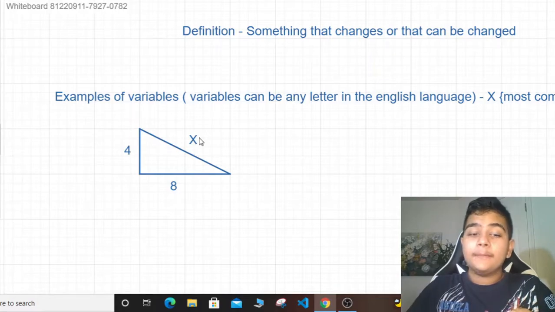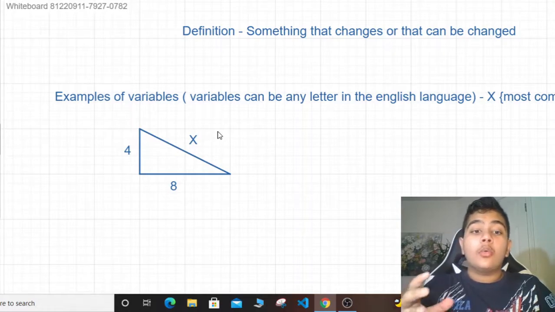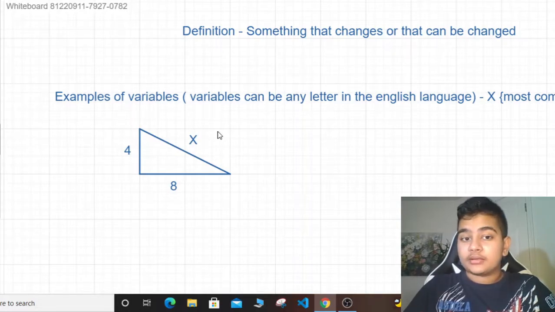You can do it that way, but I'm talking about how we use it. Since we do not know the number here, we represent it as x. So in a word problem, you might get asked, what is the value of x, to find the diagonal line.